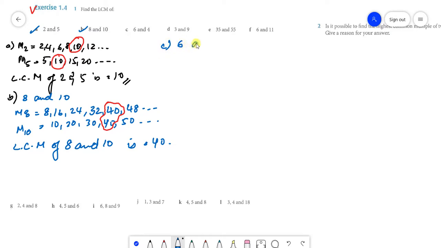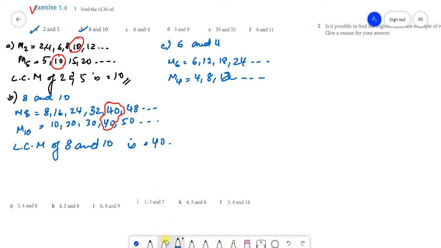LCM of 6 and 4. So we write M6 first. 6 1s are 6, 6 2s are 12, 6 3s are 18, 6 4s are 24, and so on. Let's write M4. 4 1s are 4, 4 2s are 8, 4 3s are 12, and so on.